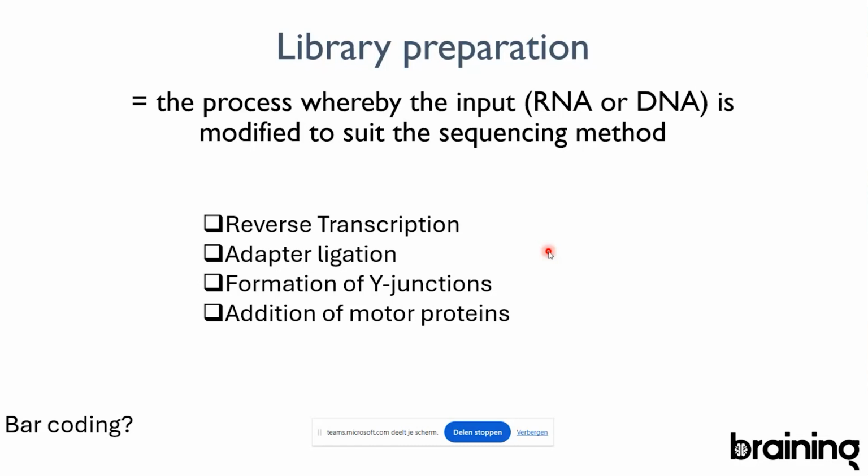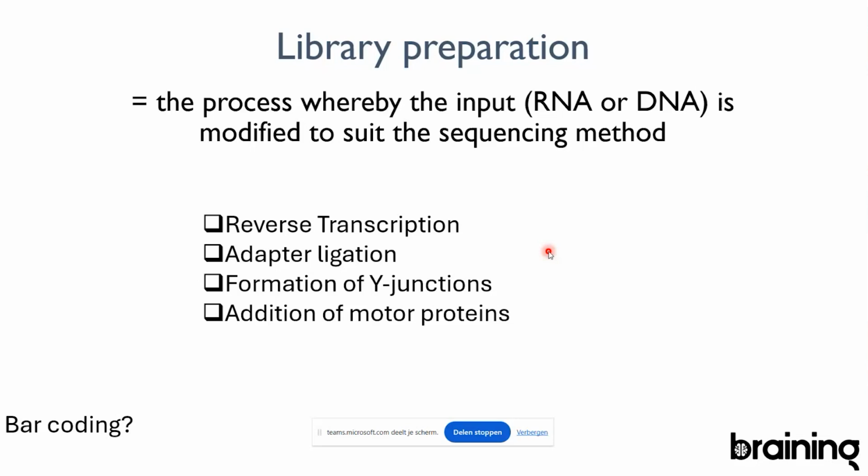And then there is a step of library preparation. That's maybe the step that is conceptually least common to you. Library preparation is a step that is generally used in sequencing methods. And it is the process whereby the input, either RNA or DNA, is modified to suit the sequencing method.